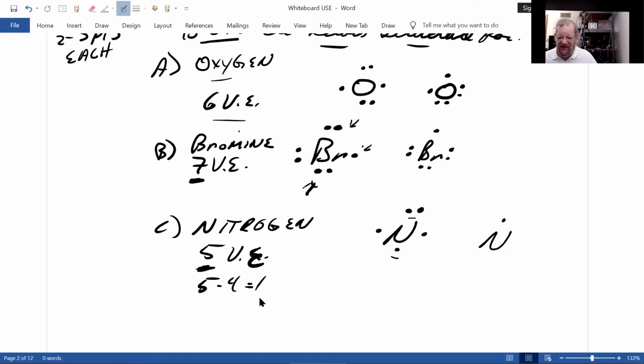Now, if you did something like this, that's wrong. Because in Lewis structures, each side should have 1 dot before you double up. If you notice, this side has no dots, which stand for the valence electrons. And that's how you do Lewis structures.